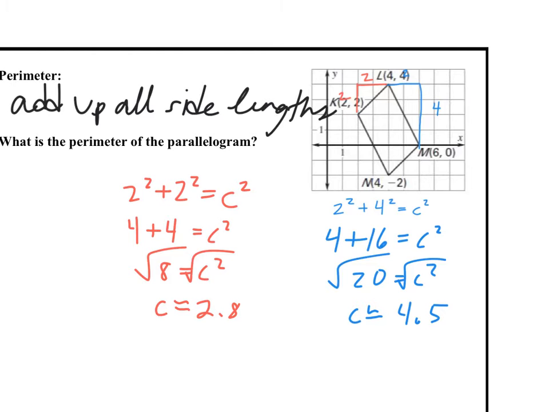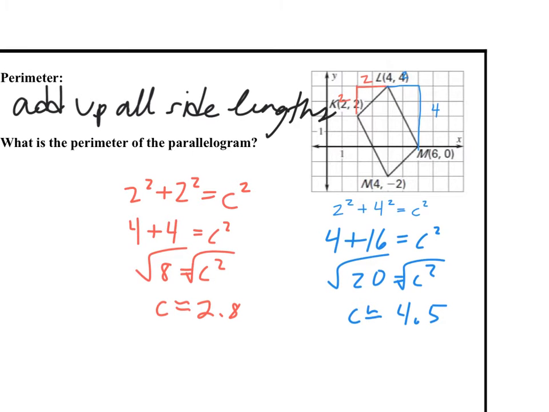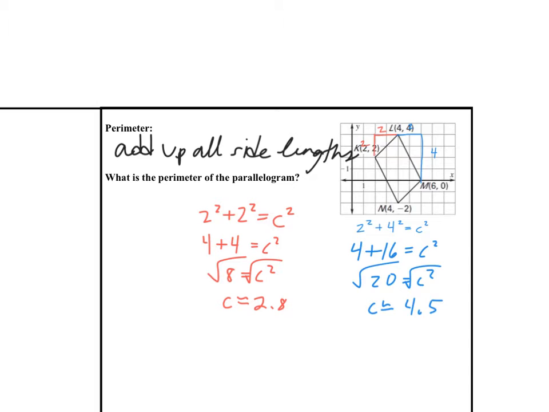So add them all up, and you get the perimeter. So then the perimeter has to be 14.6.